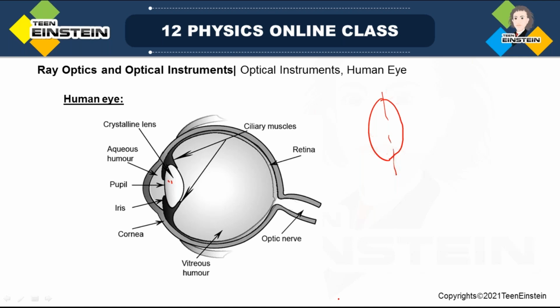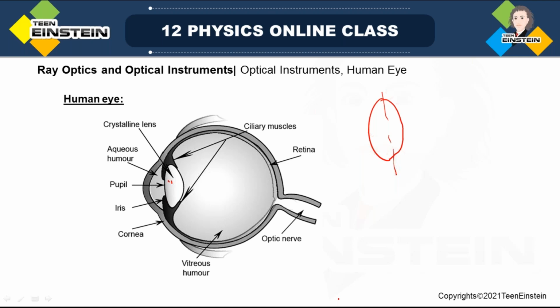What is the role of this eye lens? So we have already learned lenses, right? The same role this lens also will take. What is the role of a lens? A lens will create an image of a certain object.